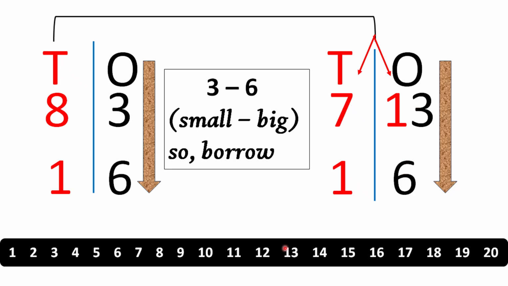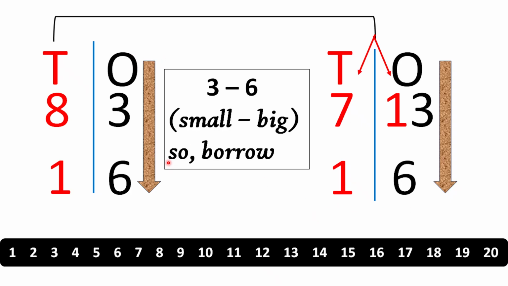From 13, count back 6 steps. Minus 1, minus 2, minus 3, minus 4, minus 5, minus 6. Ending in 7 units. So write 7, and now 7 minus 1, from 7 back 1, 6. So you get 67, right? 67.